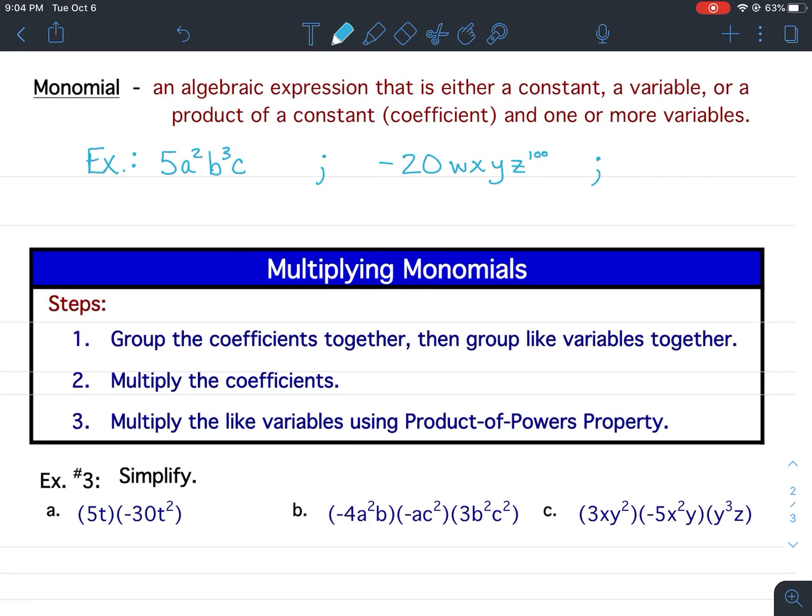Another example might be negative r squared, s to the 4th, t to the 50th.